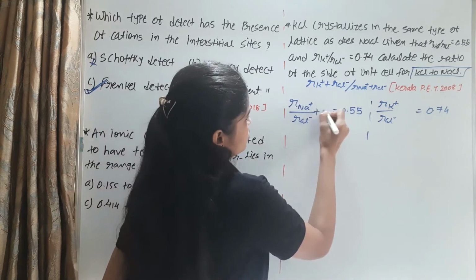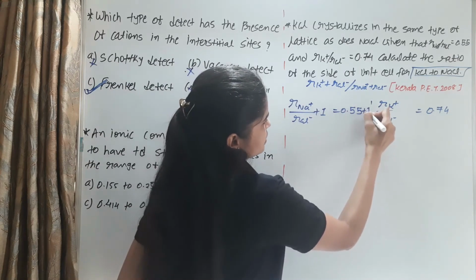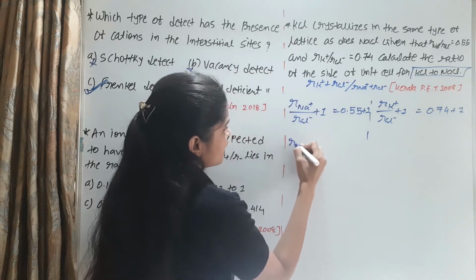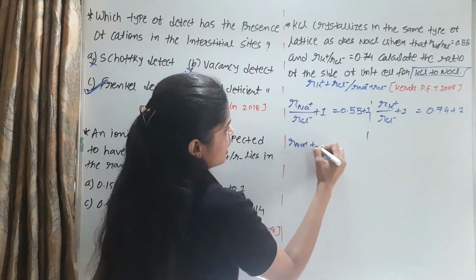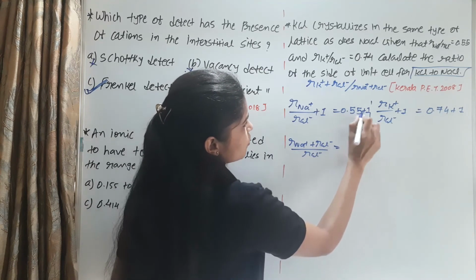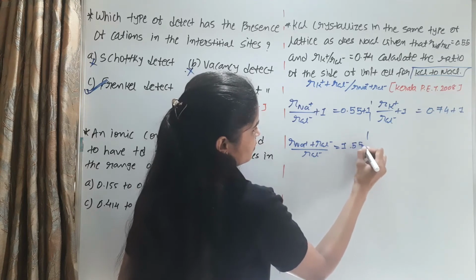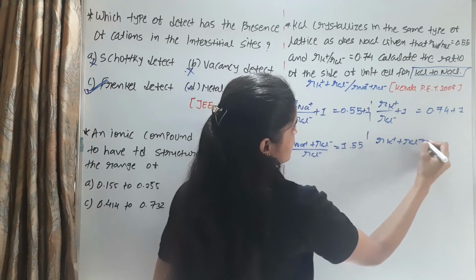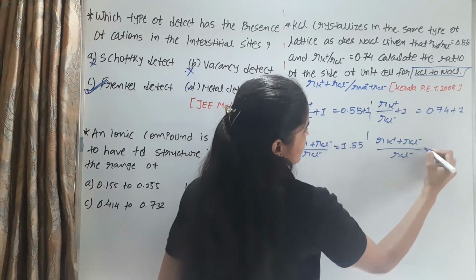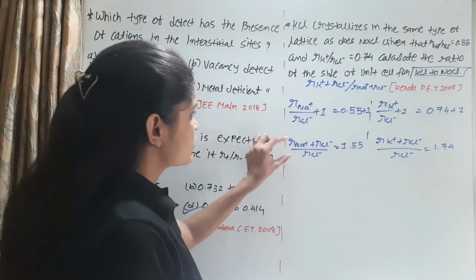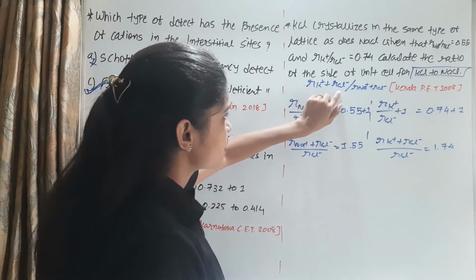So this form is converted into this type of form. Adding plus 1 on both sides, R(Na+) plus R(Cl−) divided by R(Cl−) is equal to 1.55, and R(K+) plus R(Cl−) divided by R(Cl−) is equal to 1.74. Then we find R(K+) plus R(Cl−).